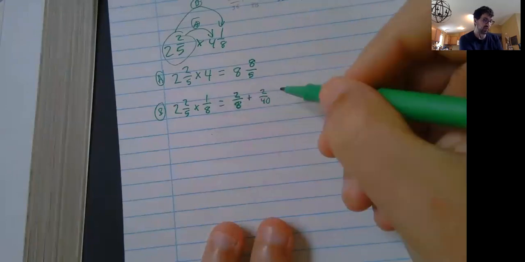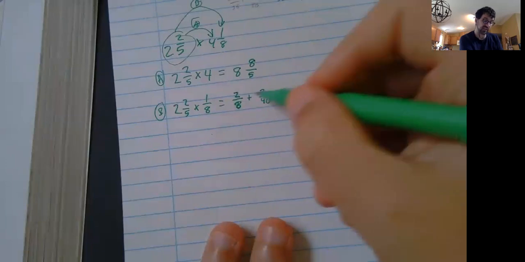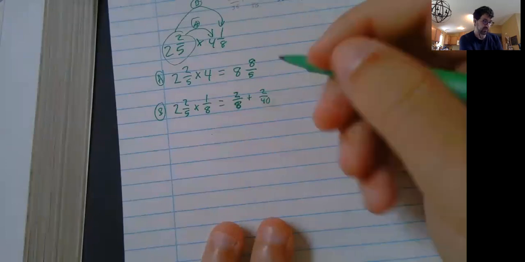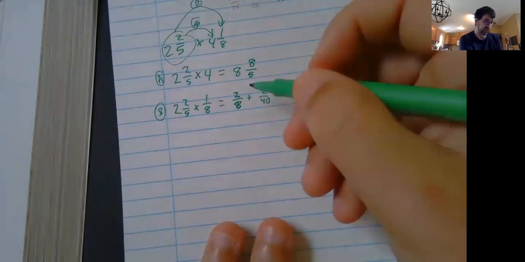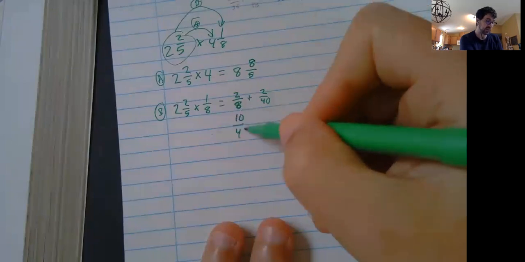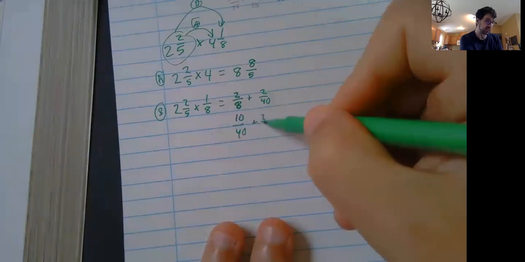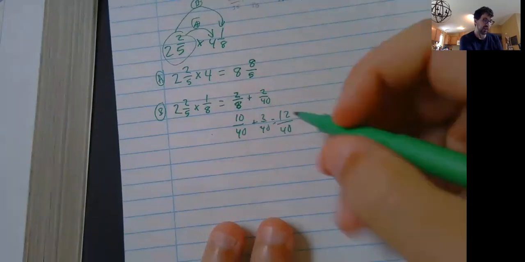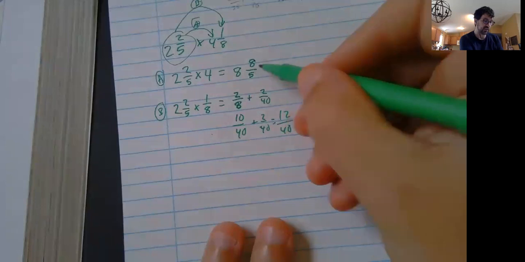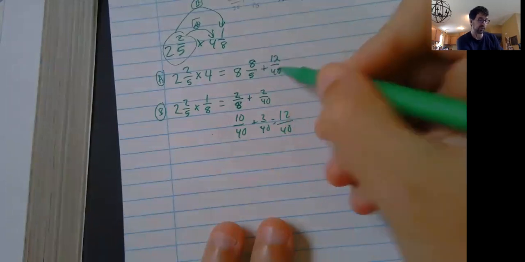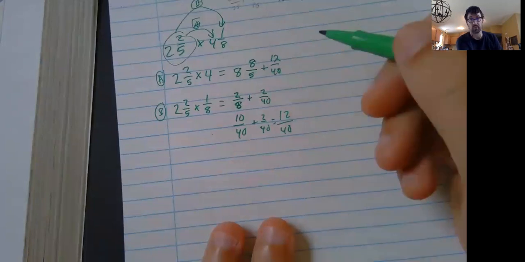So if I put these two parts together, 2/8 to 40ths, I guess we'll go to 40ths, that's fine. Multiply this by 5, multiply this by 5, so that's 10/40ths plus 2/40ths equals 12/40ths. Then I have 8 8/5 plus 12/40ths.